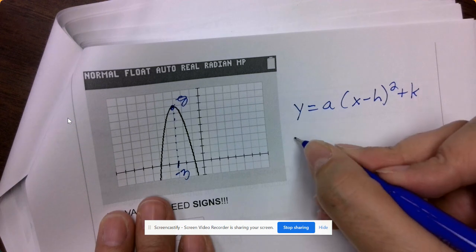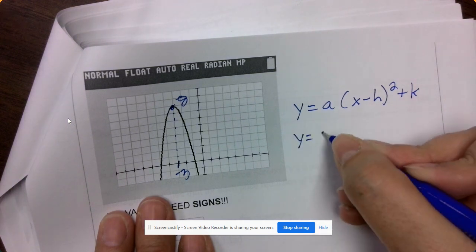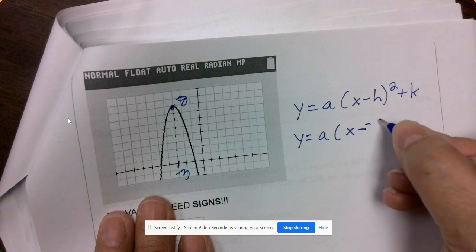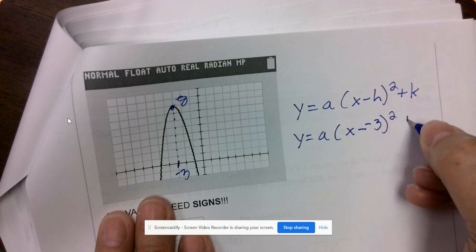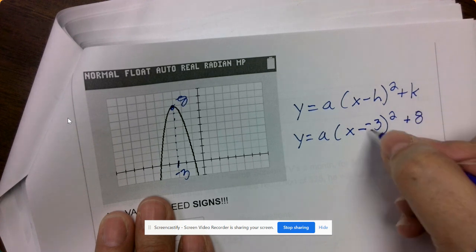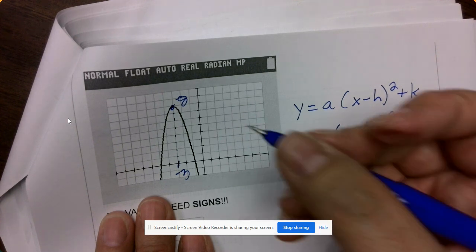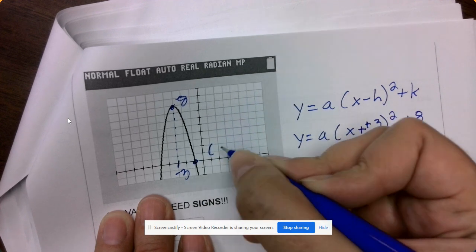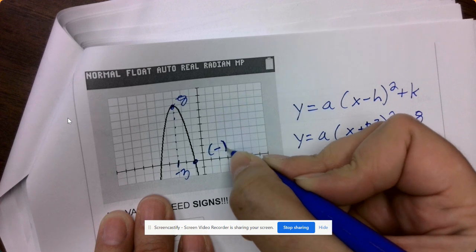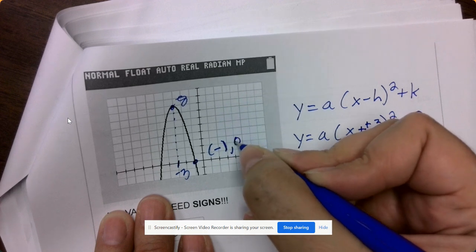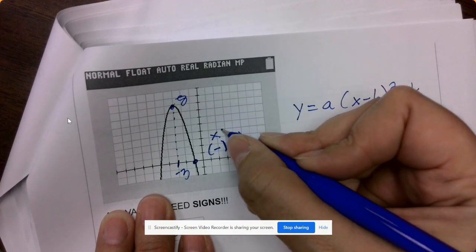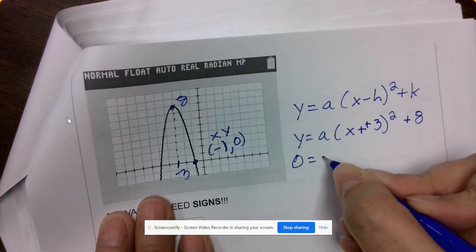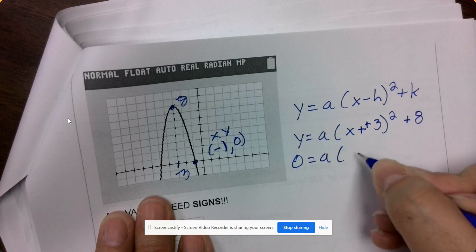So it's going to be y is equal to a times x minus negative 3 squared plus 8. Then I'm going to pick any point that you want. We could do this one at (-1, 0). So that's going to be my x and y coordinate. So I'm going to substitute that in to solve for a.